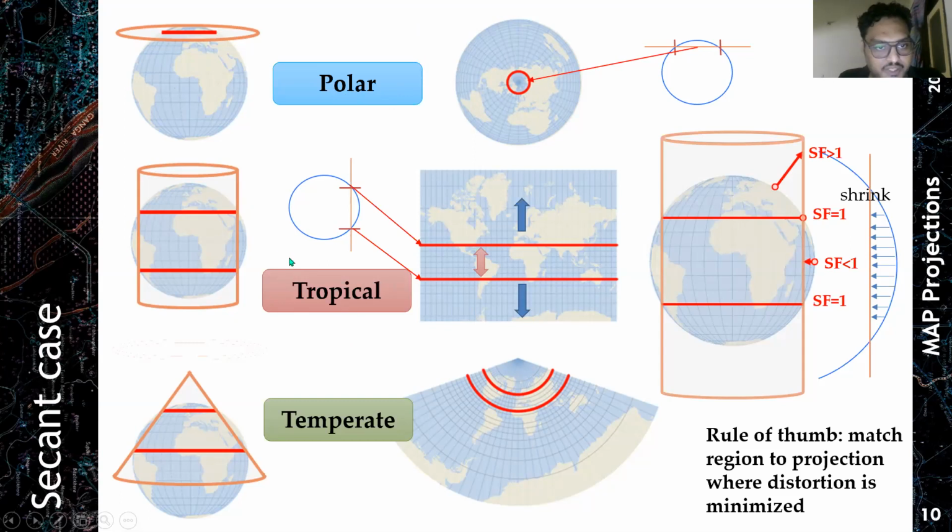For the tropical regions, the cylindrical projection is better, because close to the equator, we have minimal distortion. For the temperate regions, the mid-latitude region, basically, we can use the conical projection, because the standard line here is a mid-latitude rather than the equator.